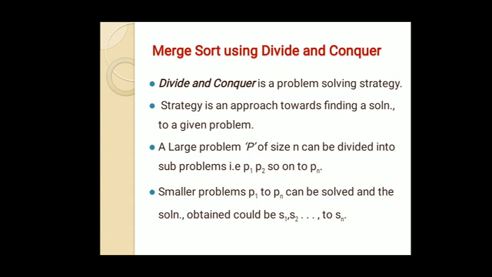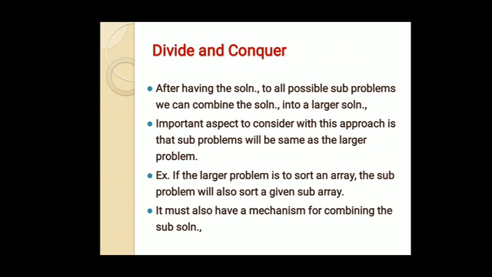Further, after having all these solutions, what we are supposed to do is combine all these smaller solutions into a larger solution. This is the means of combining or conquering. This is the whole logic or idea behind divide and conquer. It is as simple as that.